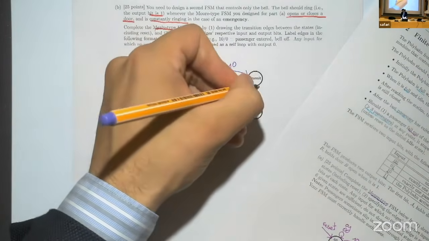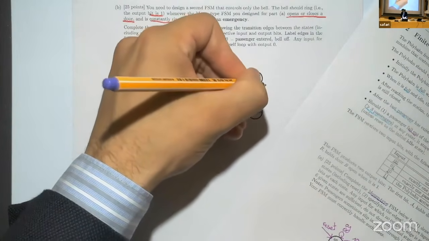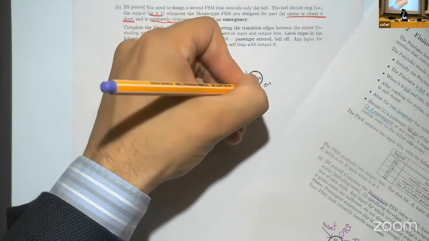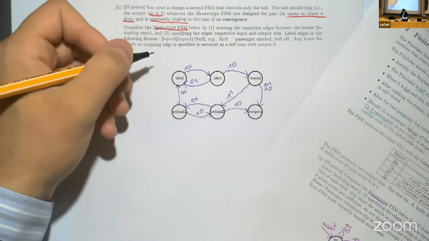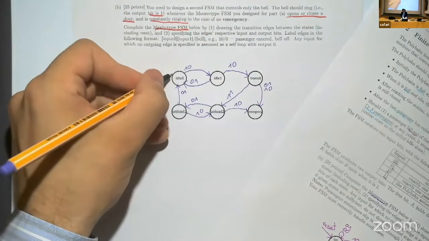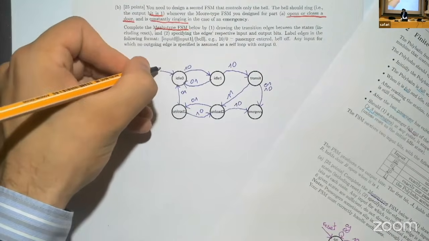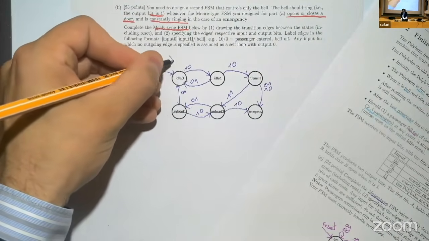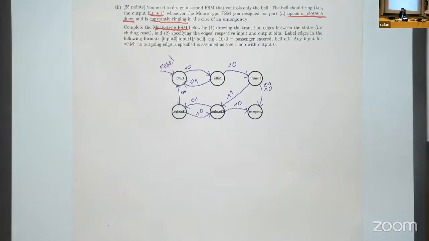Are you missing any? Yes, we are. Okay, I think now we should be good. Don't forget the reset state again. Okay, I omitted the unnecessary self loops again. What's important to note here is that, first of all, we have to give an output bit for each of these edges.